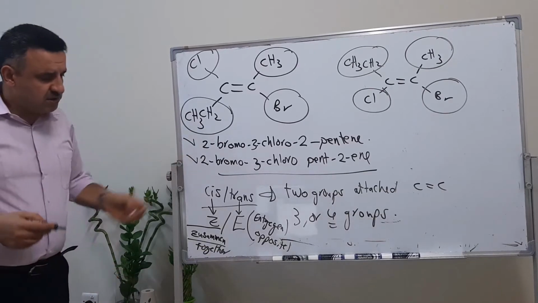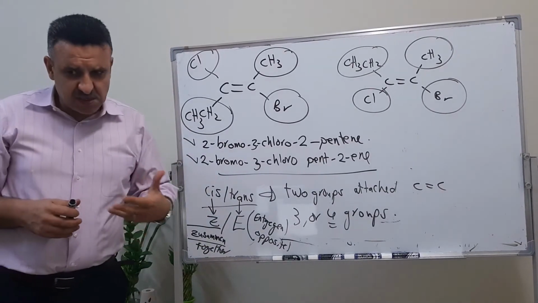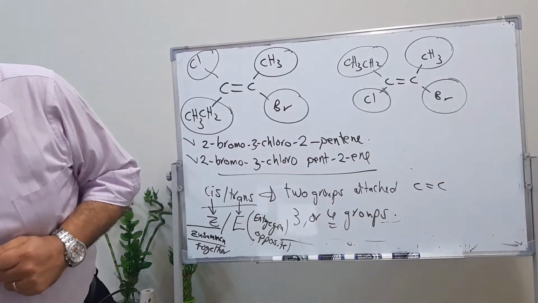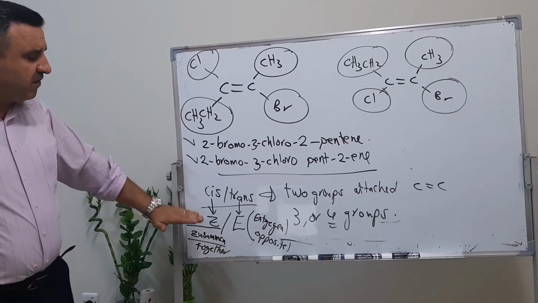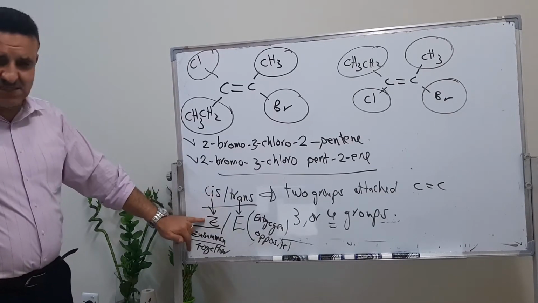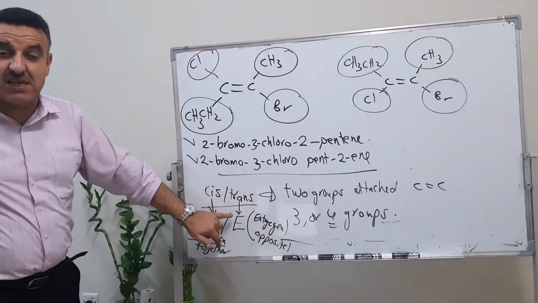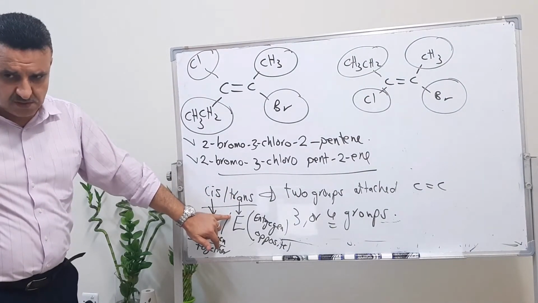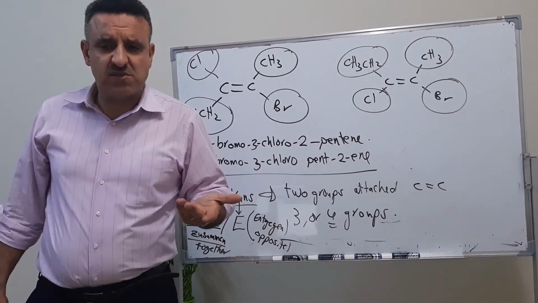In other words, we will see how we apply the system, and we'll see the rules for the E and Z system. But the most important thing to remember is that the equivalent word to the cis is Z. The equivalent word to the trans is E. Remember that. Do you follow me? So what does the cis stand for?